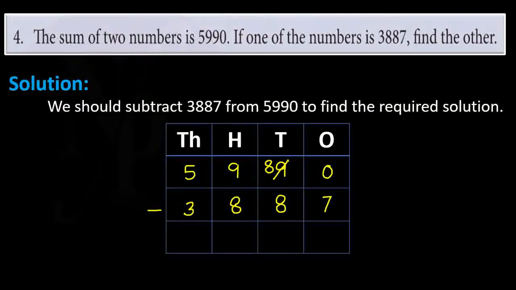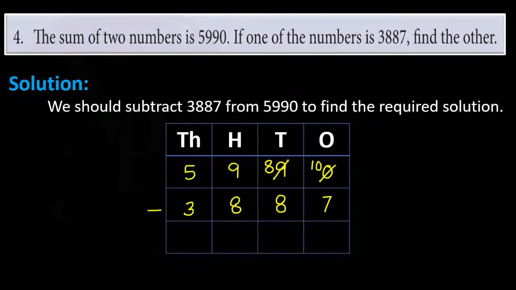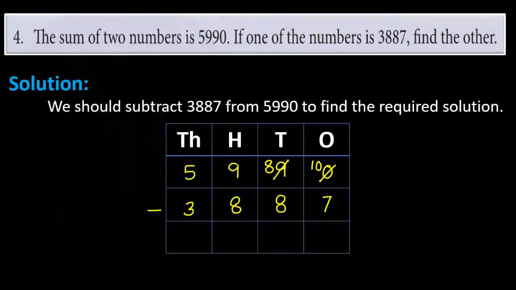And it becomes 10 ones. So now this 0 becomes 10 ones. Subtracting 7 ones from 10 ones, we get 3 ones. And here we will subtract 8 tens from 8 tens. The difference will be 0 tens.